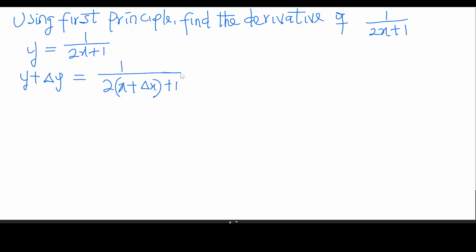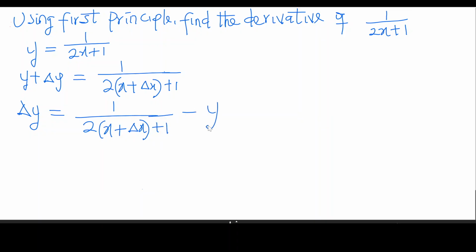So from here, we bring y to this side. So it's going to become negative. That is, we are going to be subtracting y from both sides. So we have delta y will now be equal to 1 over 2 in bracket x plus delta x, then plus 1 minus y.